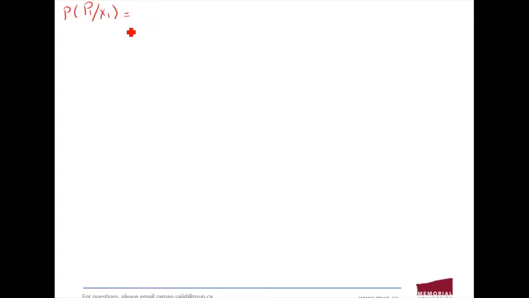So this will be P of W1 given X1, multiplied by the P of Q1 given W1 and X1.